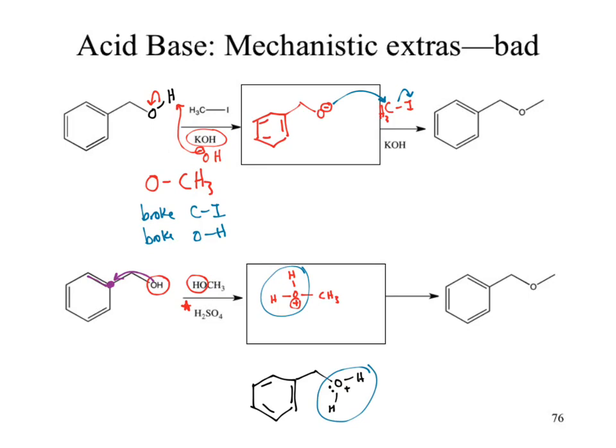Which would mean what charge would build on that oxygen? Someone said it. A positive, which would mean the bottom structure is bad, and the top structure was good. Which structure do you think is right, top or bottom?